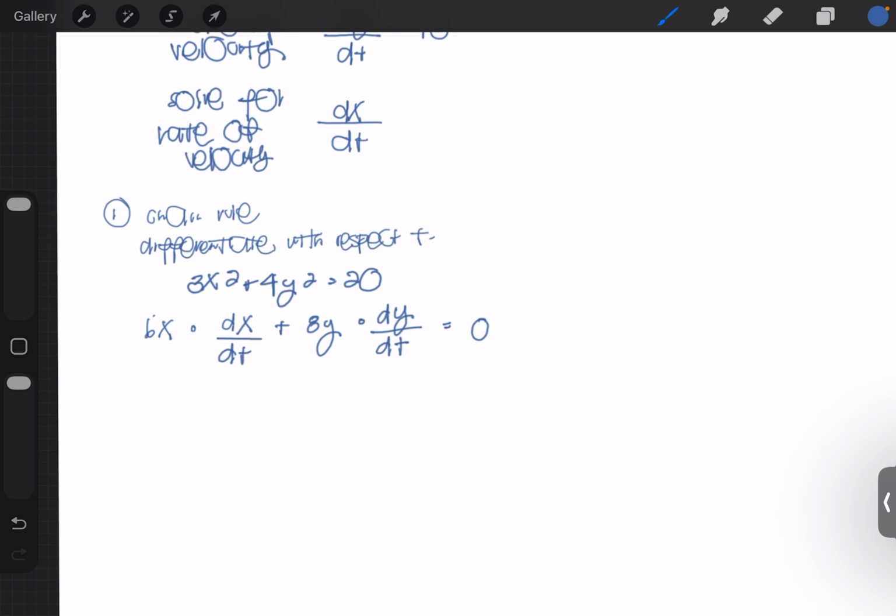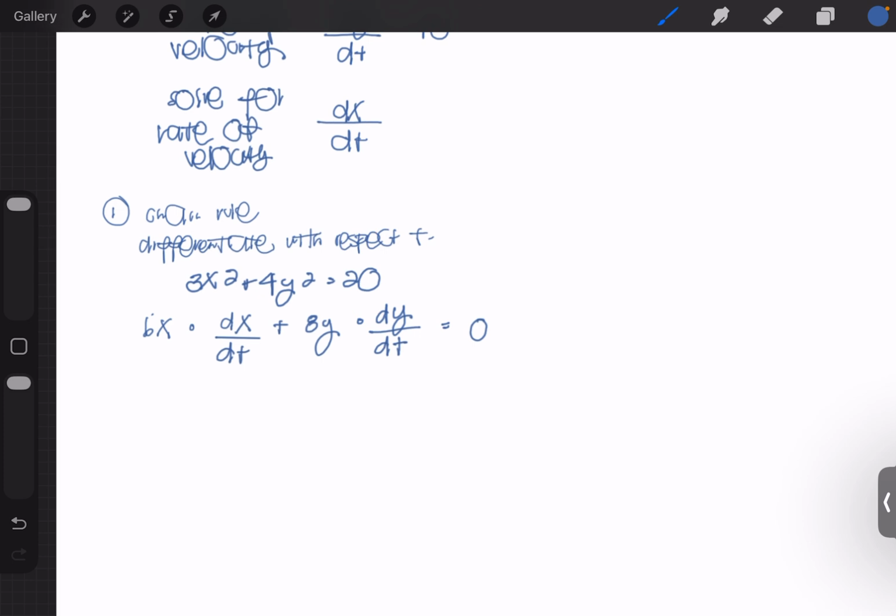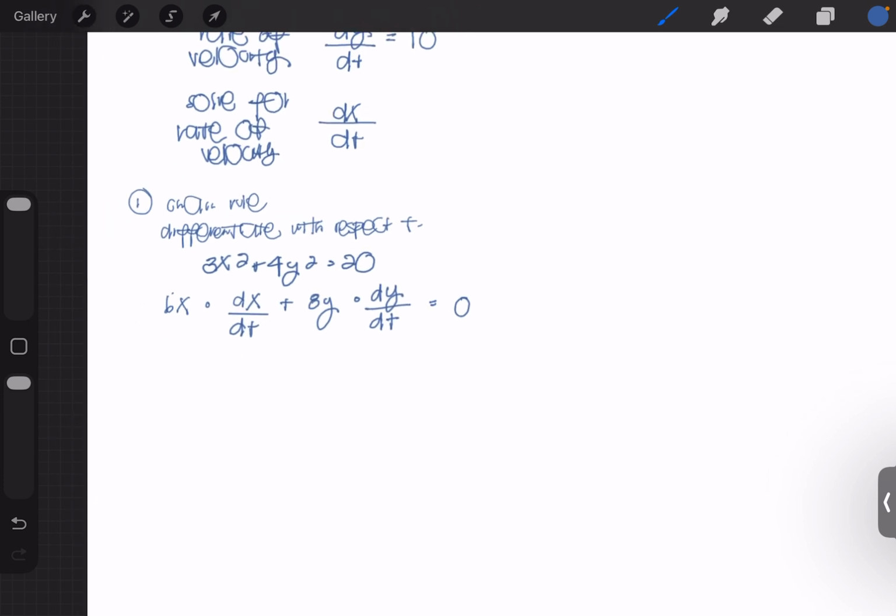So now we have our derivatives, and I like to simplify.